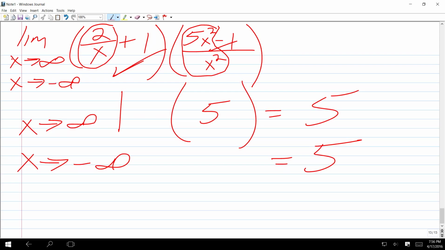Even if it was 5x cubed over x cubed, as x goes to infinity, that thing still goes to 5. And as x goes to negative infinity, that thing still goes to 5, because the numerator is going to go to negative infinity and the denominator is going to go to negative infinity, and that equals positive infinity, or positive 5, excuse me.